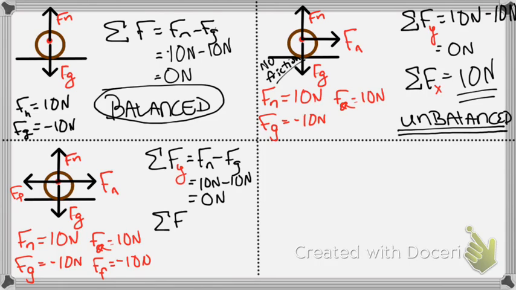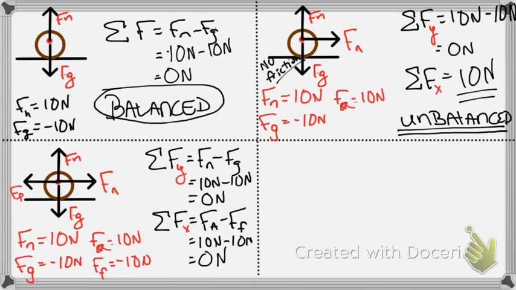The sum of our forces in the x direction equals our applied force to the right minus our force of friction to the left, and that becomes 10 newtons minus 10 newtons equals 0 newtons.